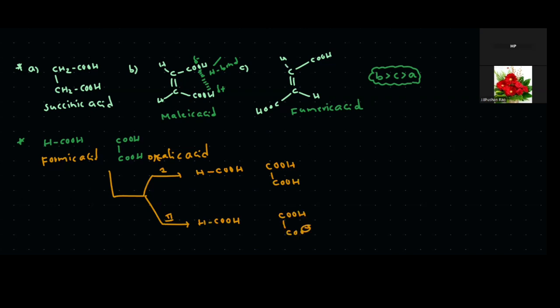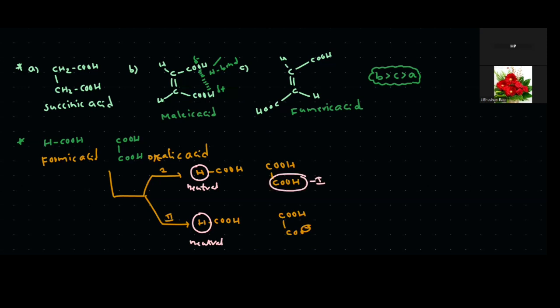Now in these two cases, how do we identify the acidic strength? Coming to this one, hydrogen is neutral. Here also hydrogen is neutral. Neutral case. But in this case, two COOH groups are present. One COOH group alone acts as a minus I group.